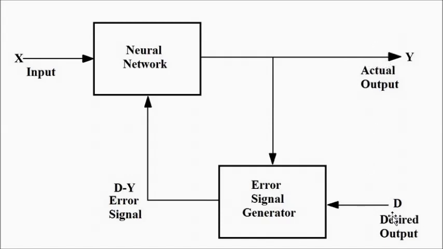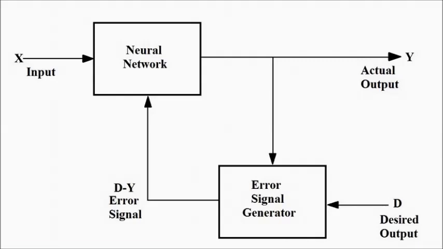The desired output signal is 10 volt. For the first time the neural network will produce an output of 8 volts, the error signal will be 2 volt, then it will produce 9 volt, the deviation signal will be 1 volt, and so on. So in steps it will give an output which is close to the desired output. That is the supervised learning.